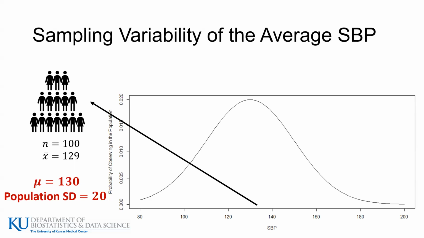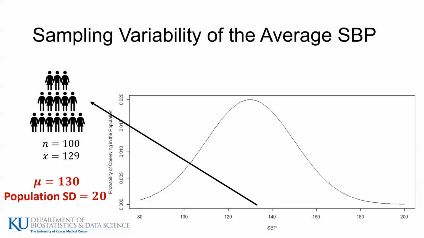From this graph, we can see that most of our population will have a systolic blood pressure close to 130. So if you randomly pick one individual patient, they would have a high probability of their systolic blood pressure being close to 130.